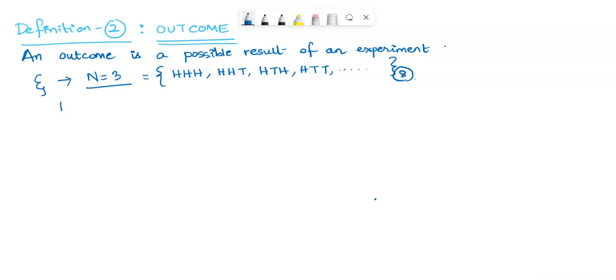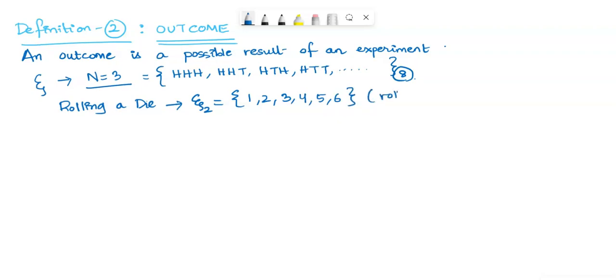Similarly, for rolling of a die, we can denote its outcome as xi2, as it can be either 1, it can be 2, it can be 3, it can be 4, it can be 5, it can be 6, considering it is rolled once.